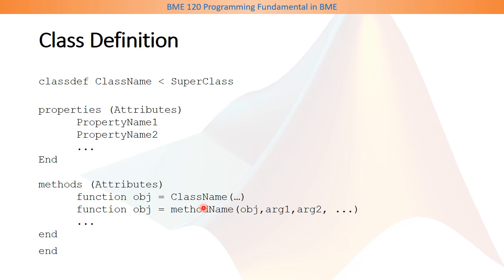Just keep in mind that you can have multiple sections of properties and methods, and the property or method section can have attributes, and we'll discuss the attributes later. And you can have two properties sections with different attributes. This is the same for the methods section.